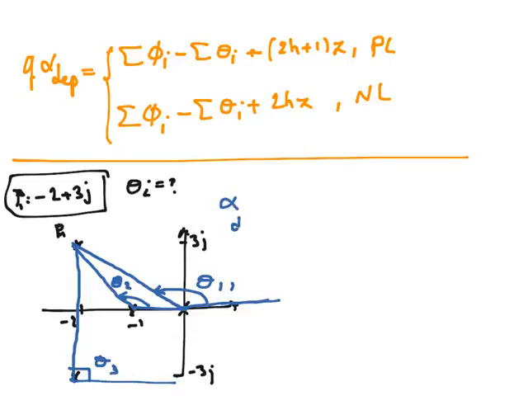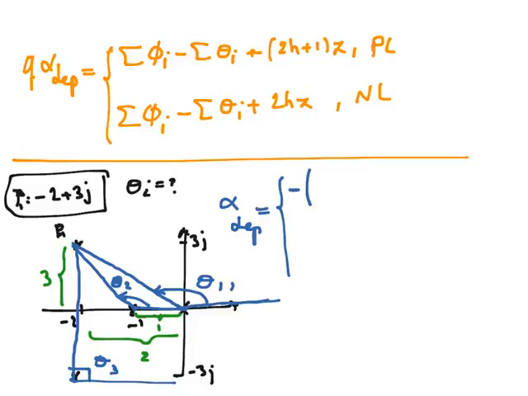Since Q is equal to 1, I just write alpha departure equal to, phi i is 0, so we have minus, and we need to insert the values that we have for the thetas. Here we know that this side is equal to 3, and we have values for each one of these sides. Here is equal to 1, and here is equal to 2.